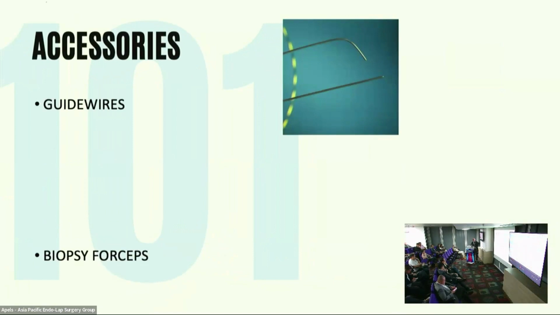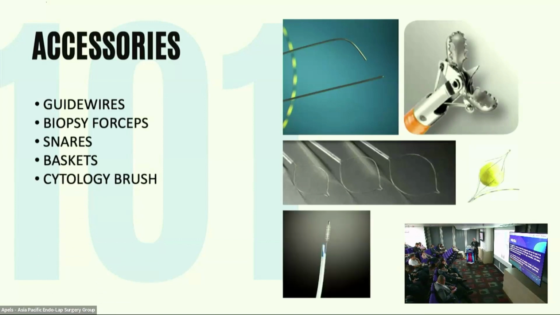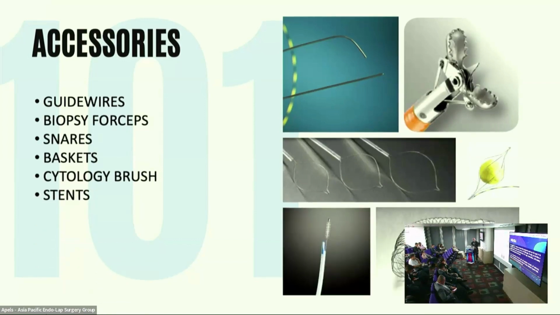So for your accessories, basically this is what we have: guide wires, forceps, snares, baskets, cytology brush, stents, and there are certain indications when not to use these accessories to help you with your treatment or diagnosis of certain diseases in the GI tract.